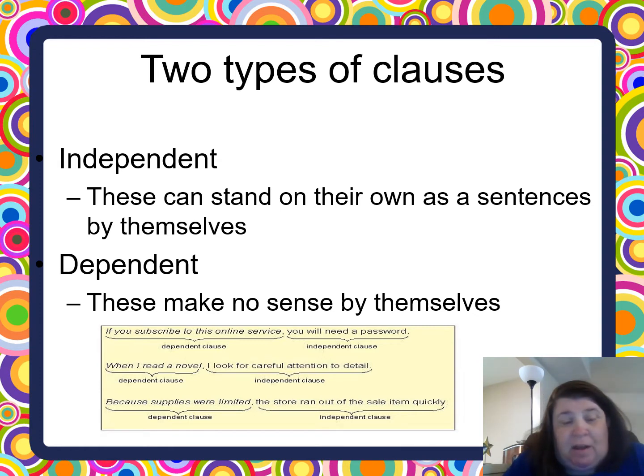When I read a novel, I look for careful attention to detail. When I read a novel is dependent, but I look for careful attention to detail can stand all on its own, so it's independent.